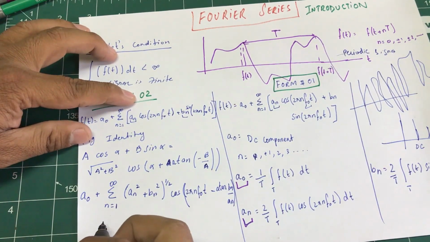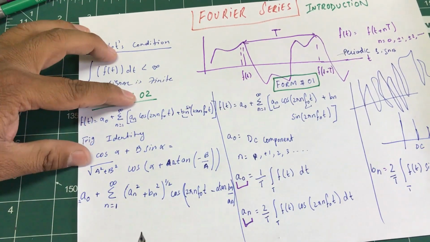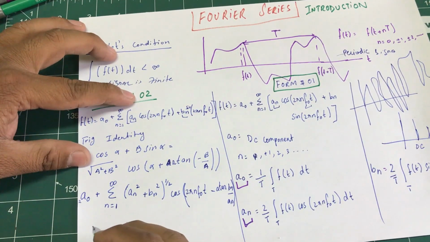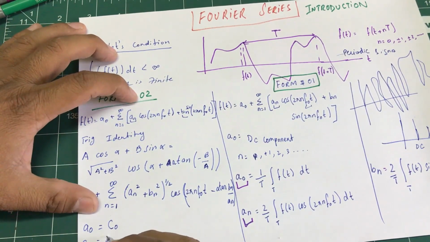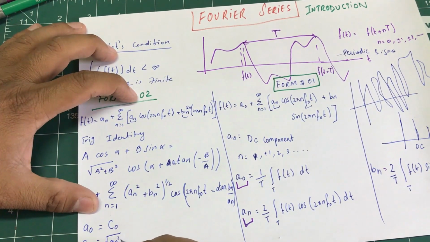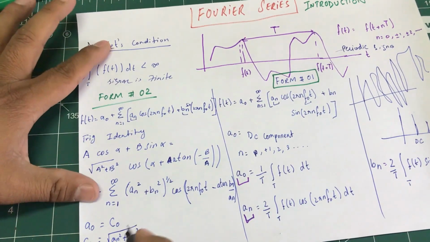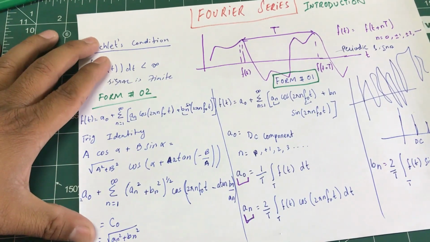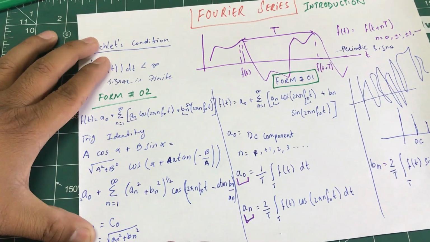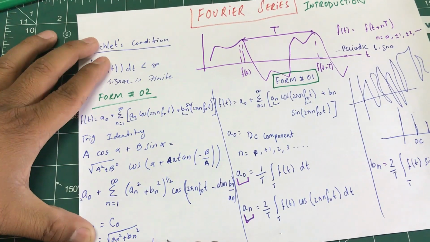So let me write this down again. This can be rewritten as: a naught can be replaced with c naught, cn can be replaced with the square root of an squared plus bn squared, and theta n can be replaced with negative arctan of bn divided by an.